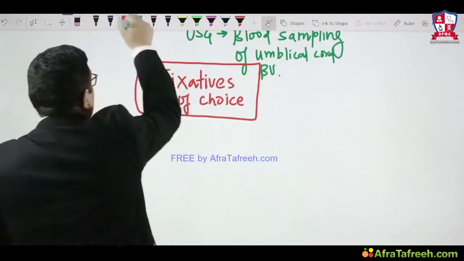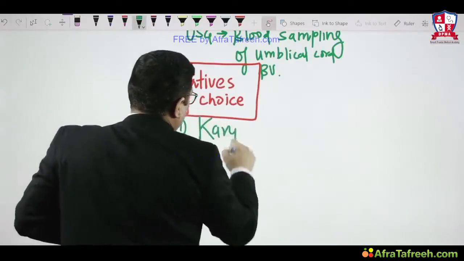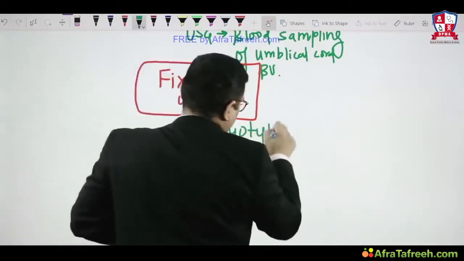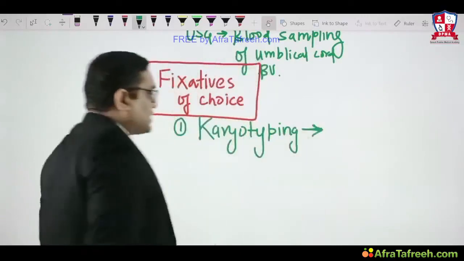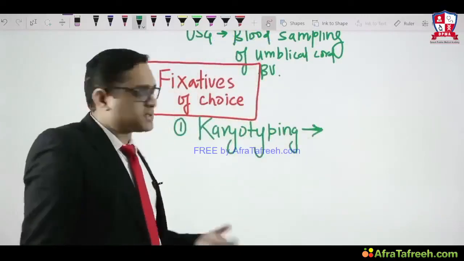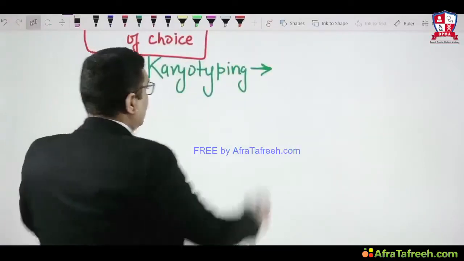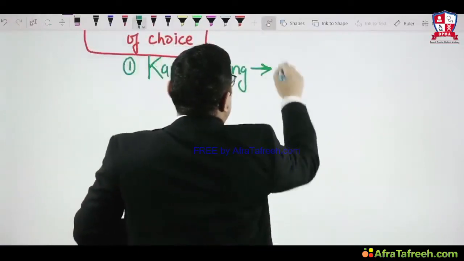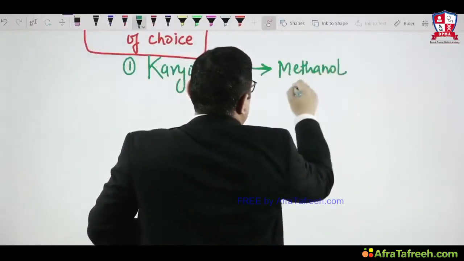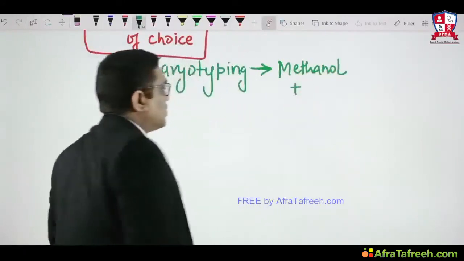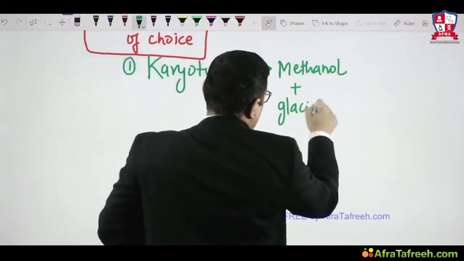Number 1 which I want to tell you is karyotyping. What is the fixative of choice for karyotyping? When the examiner had asked, at that time the answer was methanol. But remember, it is not only methanol, it is methanol plus glacial acetic acid.